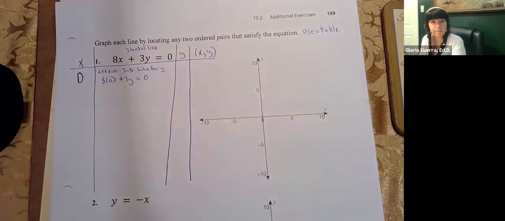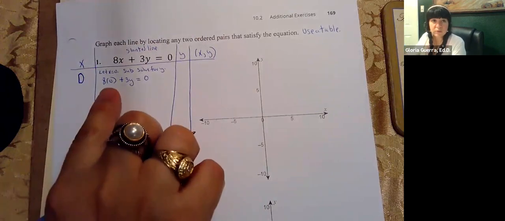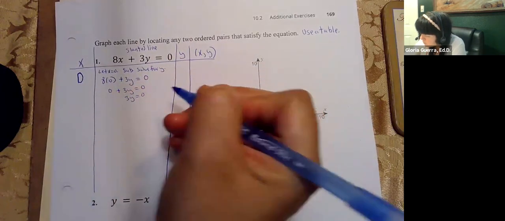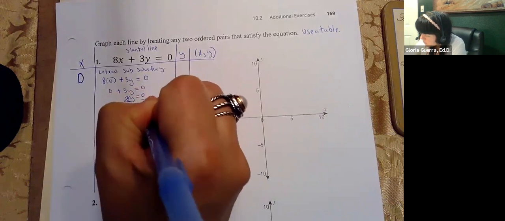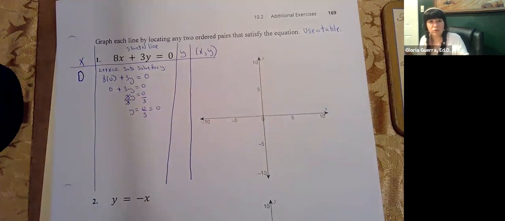8 times 0 plus 3y equals 0. Anything times 0 is 0. So 0 plus 3y equals 0. 3y equals 0, and to solve that, you divide by 3. y equals 0 over 3, which is 0.